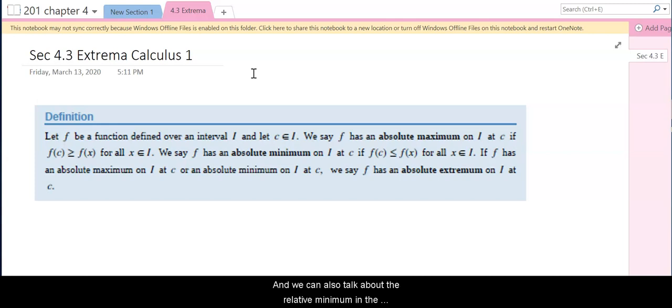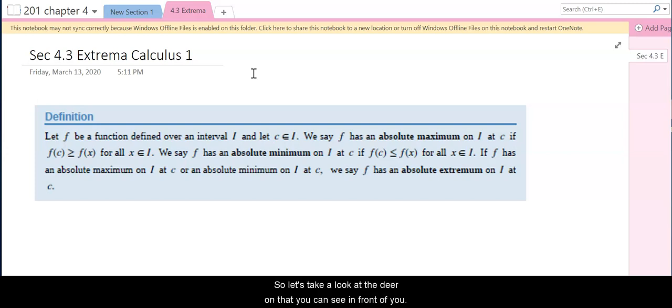And we can also talk about the relative minimum in the United States, which is Death Valley out in California. But we can also talk about local relative maximums and relative minimums. And for that, we need to define some interval, and over that interval, that is the lowest y value for a minimum or the highest y value for a maximum. Relative means relative to all the points nearby. Absolute means to all points on the graph altogether.